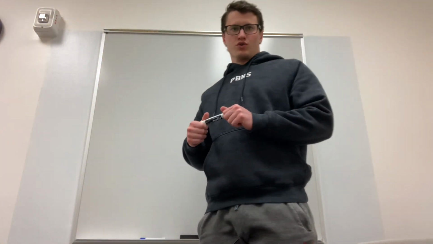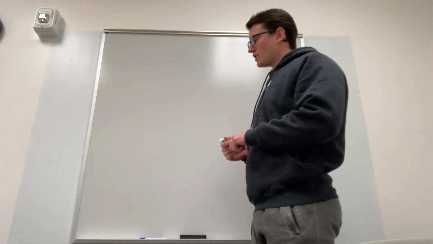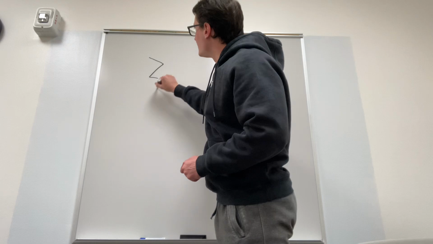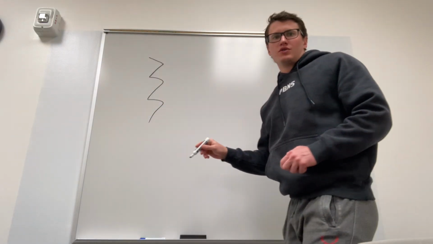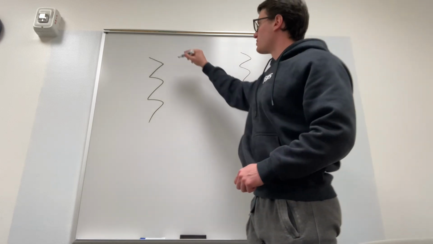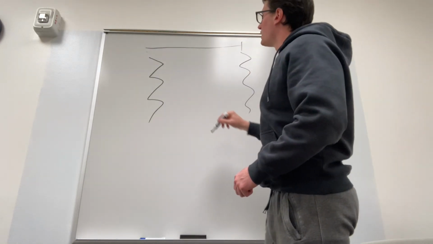Alright, so we're going to start by drawing out the sarcomere. For our sarcomere, we're going to have a Z line. We're going to have two Z lines, and that's just the space between the whole sarcomere.